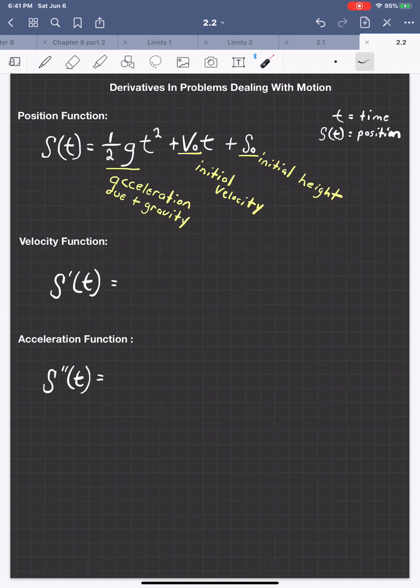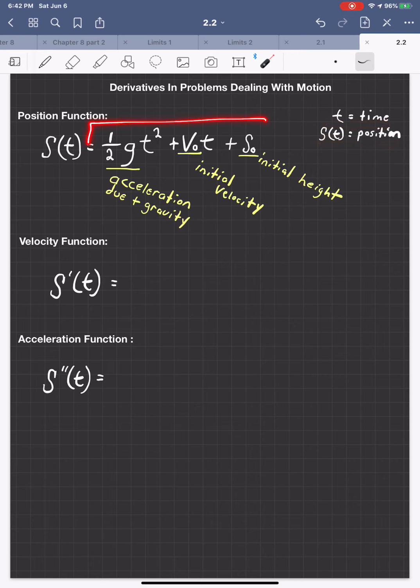Okay, so if you drop an object on top of your house, s of 0 would mean how high the object was at time 0. That's right before you dropped it. And then as you plug in times, you would proceed to get heights until it hits the ground, right? But so we know that s of t is position, t is time.